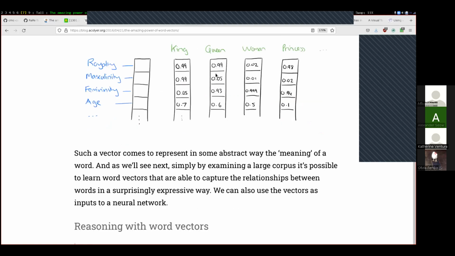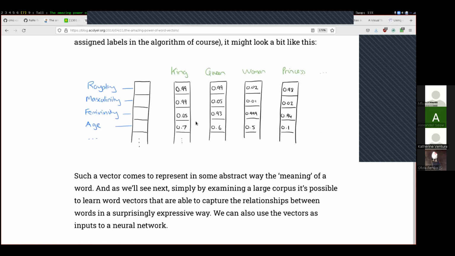This next picture captures one way of doing that. Instead of representing each word as the one-hot encoding, we have what's called a distributed representation of the words. In this distributed representation, the particular elements in each word vector have some sort of semantic meaning.